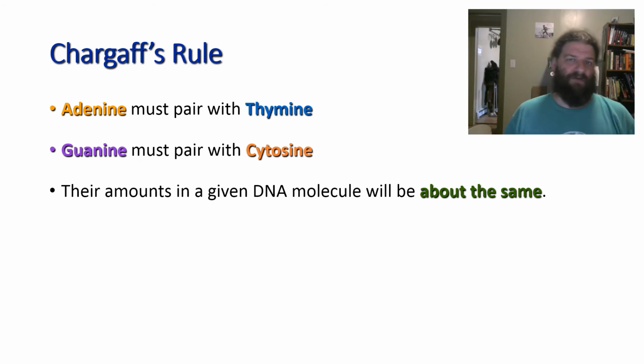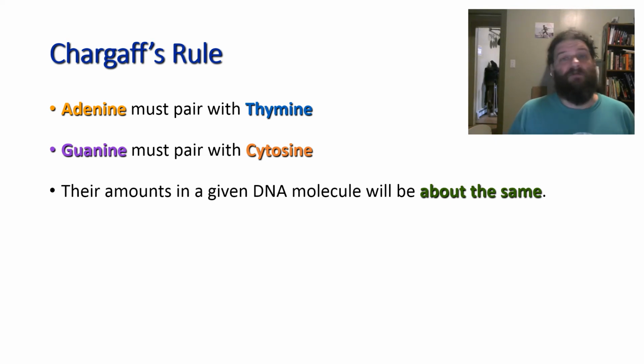Back before Watson and Crick figured out the structure of DNA, Chargaff was also looking into the structure of DNA and what it's made of. He knew that DNA was made of nucleotides, but how the nucleotides and the sugars and the phosphates were all arranged was not clearly understood. What he did is he just took DNA from all different types of organisms and broke it apart into its little pieces and measured the amount of adenine, thymine, guanine, and cytosine that was there.